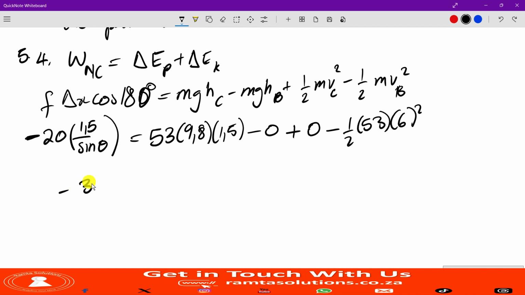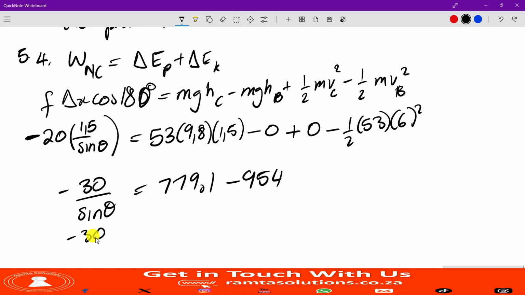So this is minus 30 over sine theta equals 53 times 9.8 times 1.5, which is 779.1, minus 0.5 times 53 times 6 squared, which is 18 times 53, which is 954.